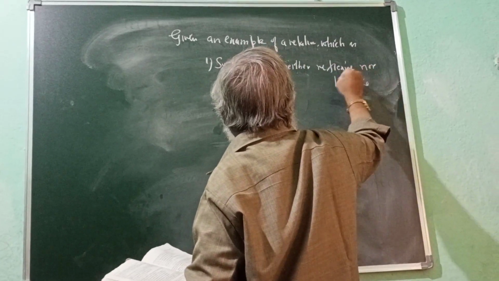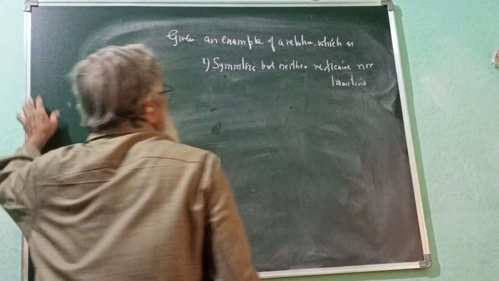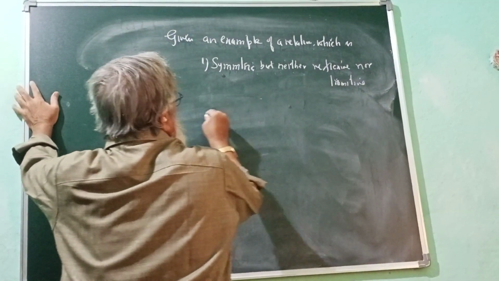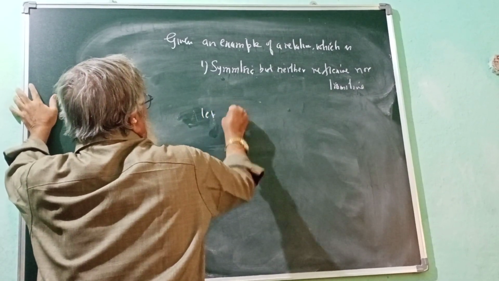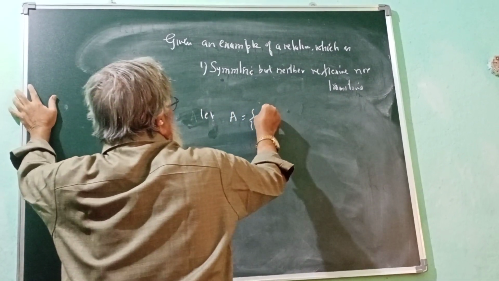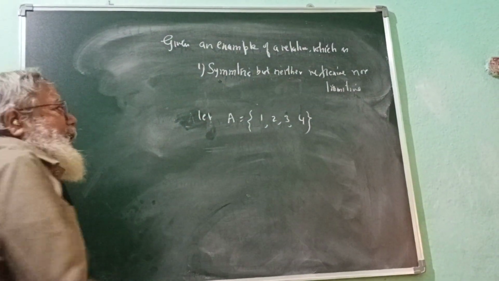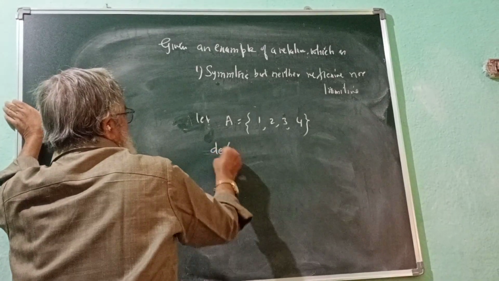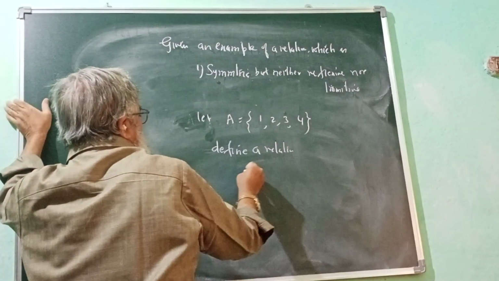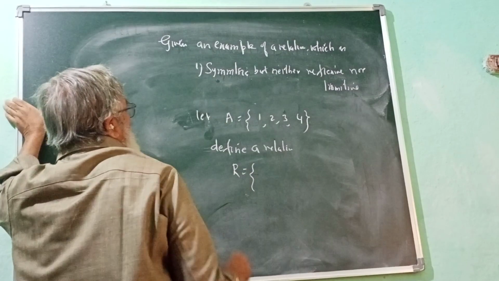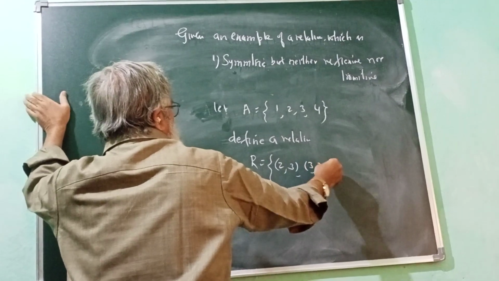So it should have only one property: it should be symmetric, not reflexive, not transitive. You can write the answer as: take a set A equal to {1, 2, 3, 4}. On that we define a relation R equal to {(2, 3), (3, 2)}.